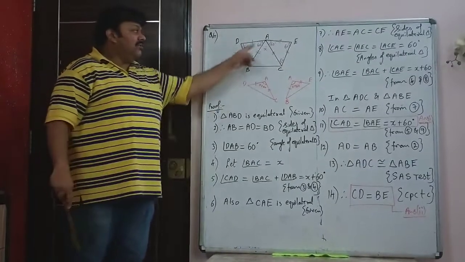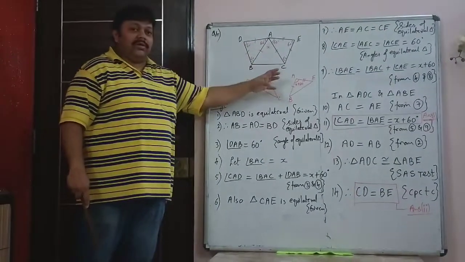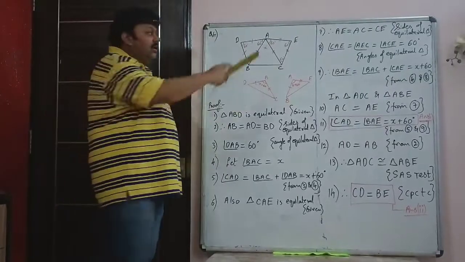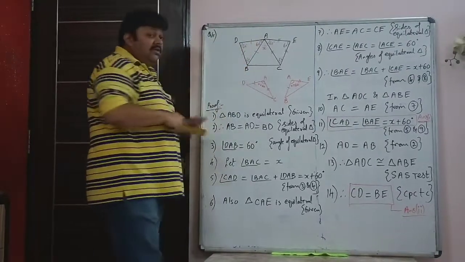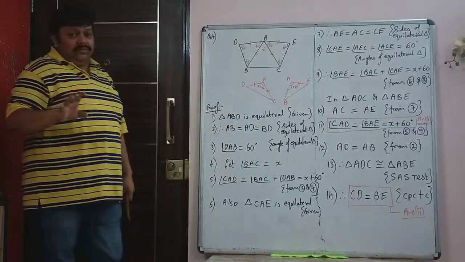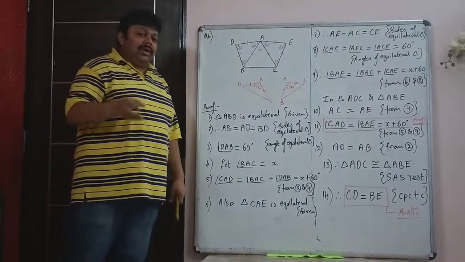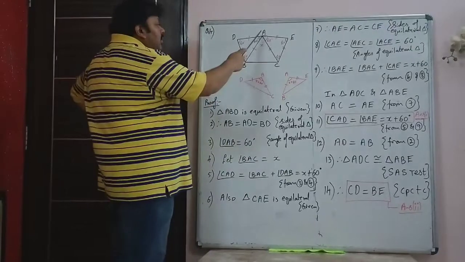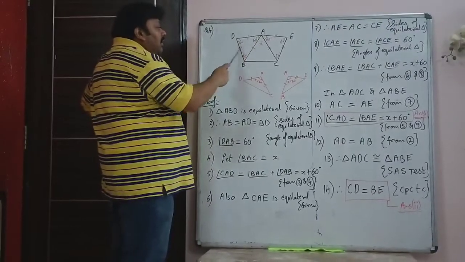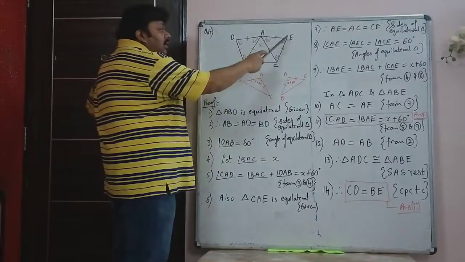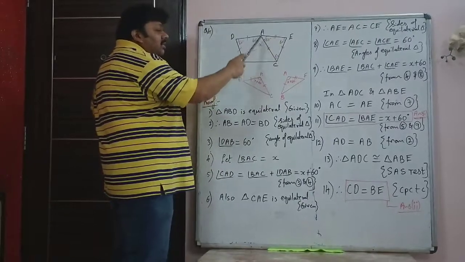See, nowhere is it mentioned that AB is equal to AC, or that triangle ABC is equilateral. That is not given. It is only given that there is a triangle ABC, and on it you are drawing another equilateral triangle ADB and another equilateral triangle AEC.